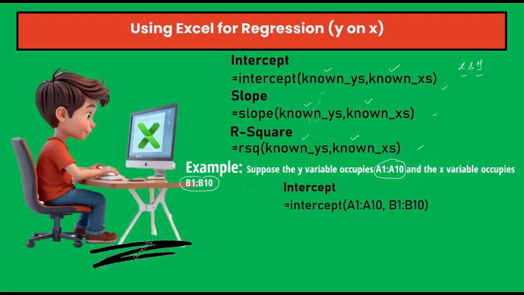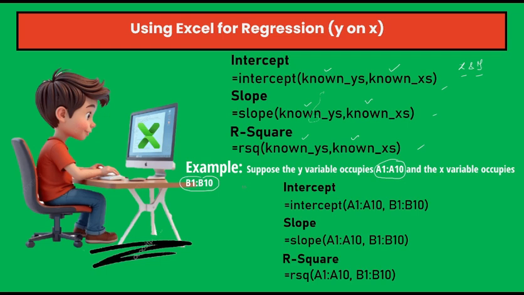So A, B, etc. you can write in small letters also, it doesn't matter. Then we have the slope. So the formula for the slope is A1 colon A10, B1 colon B10, and then R square will be RSQ within brackets A1 colon A10, comma B1 colon B10. So you have to be careful about where the position of your independent variables is. Those cells will be referred to later on.